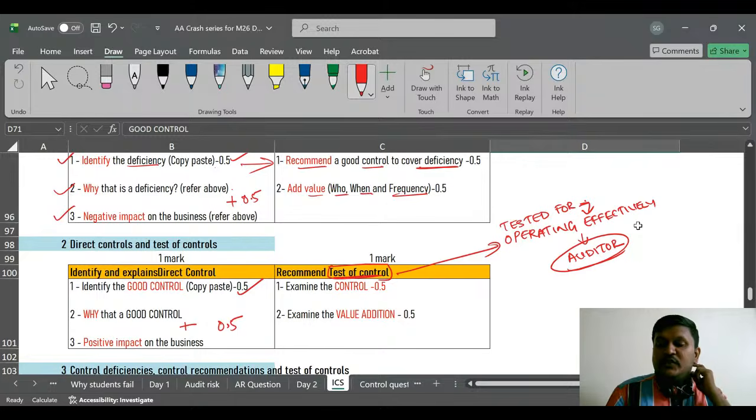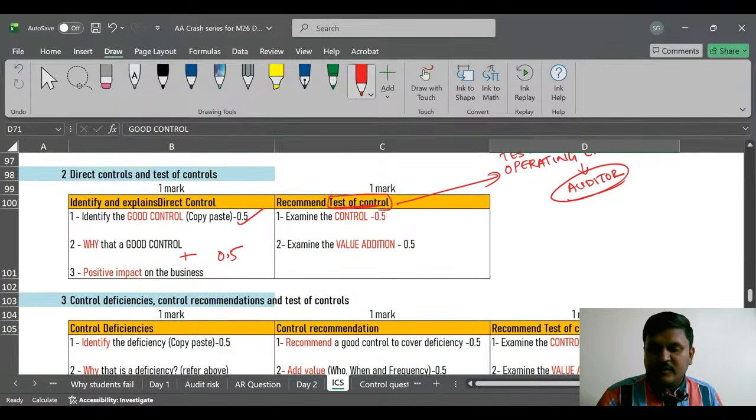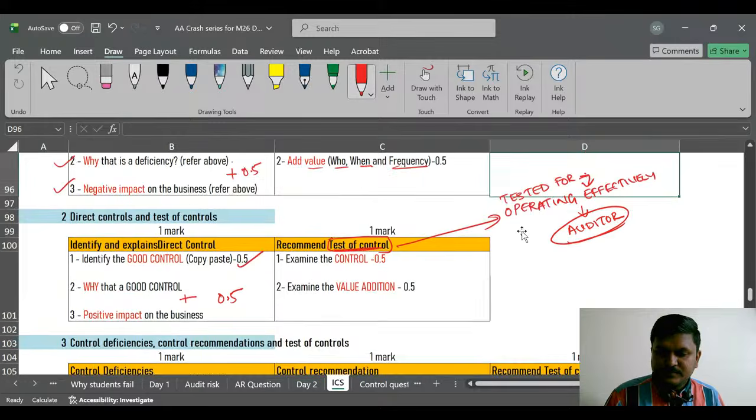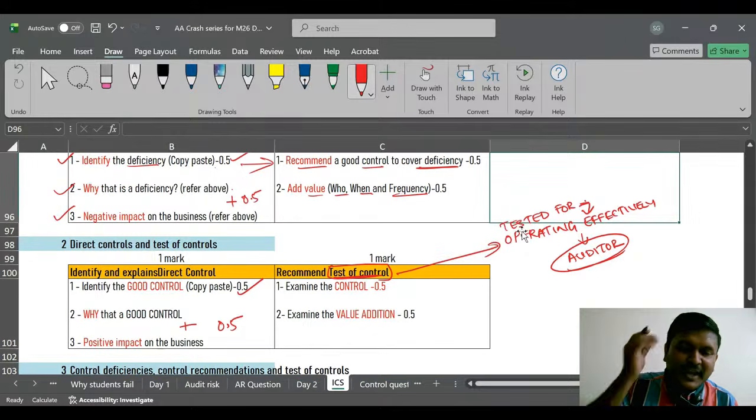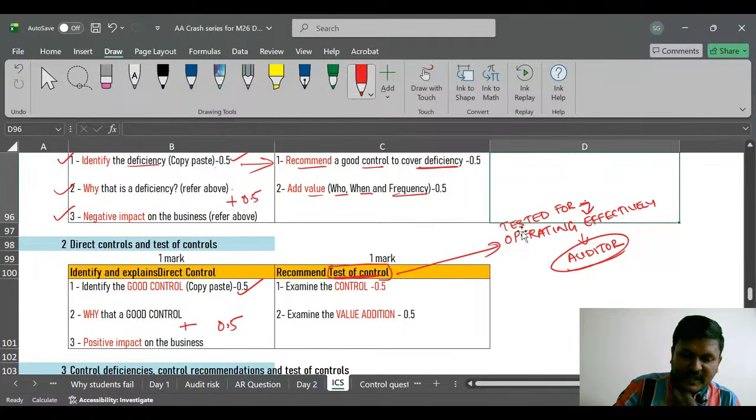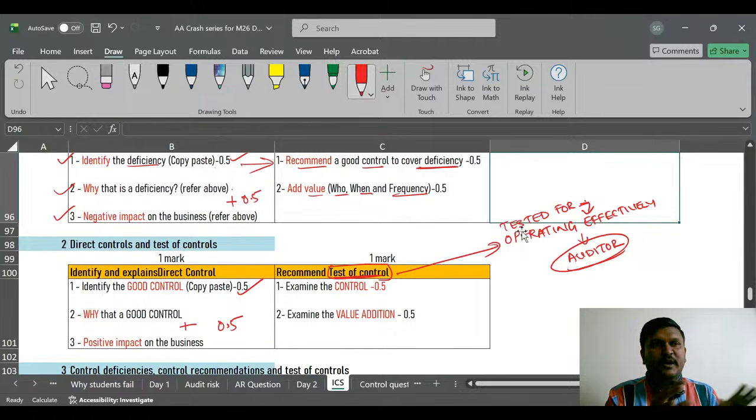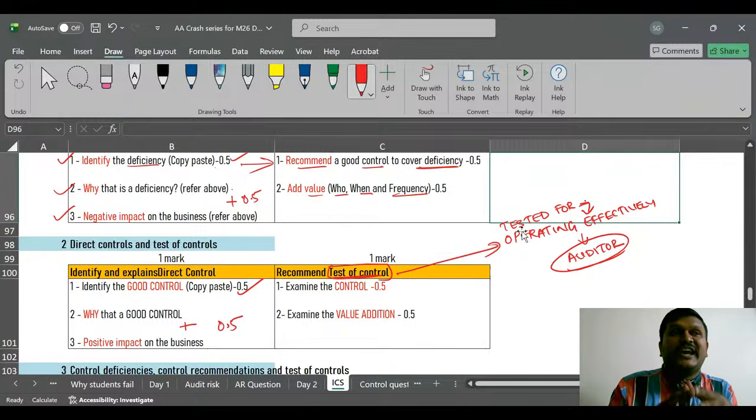The people who lose marks in this area are those who put in some recommendation. Recommendations go on top for the control recommendation, like management should review this particular thing. But here, test of control is an action done by the auditor to check the operating effectiveness of that particular control.